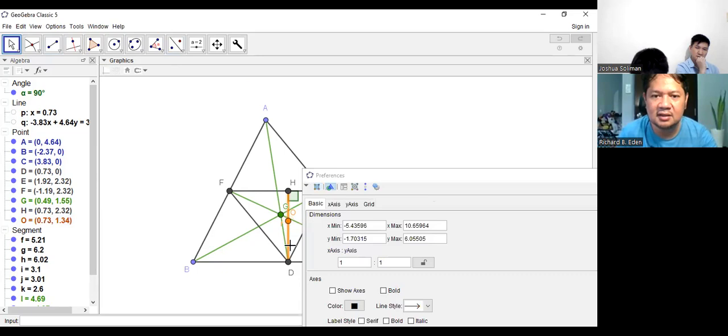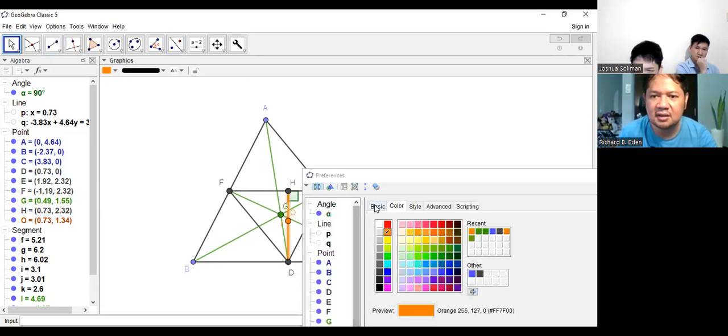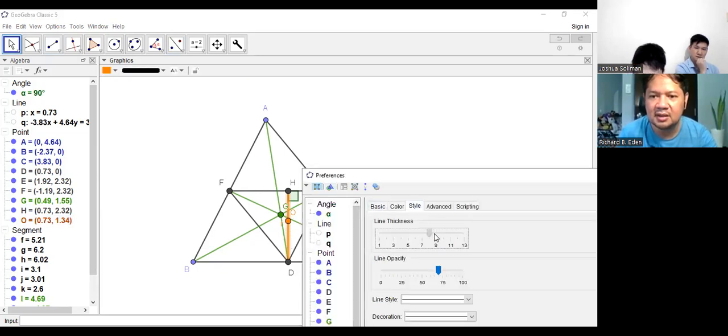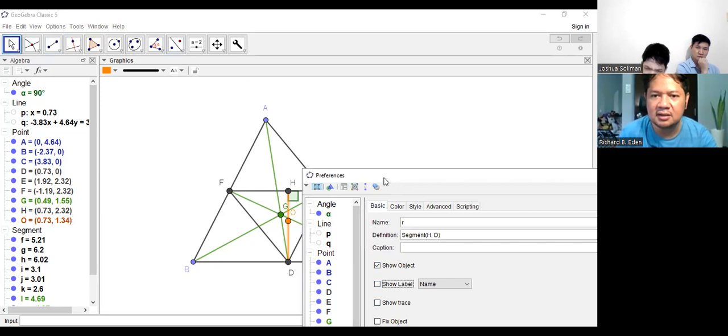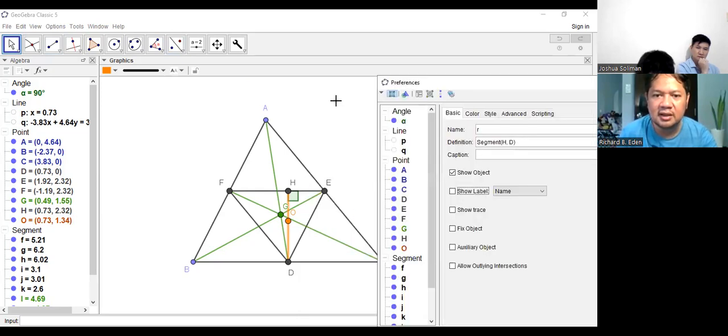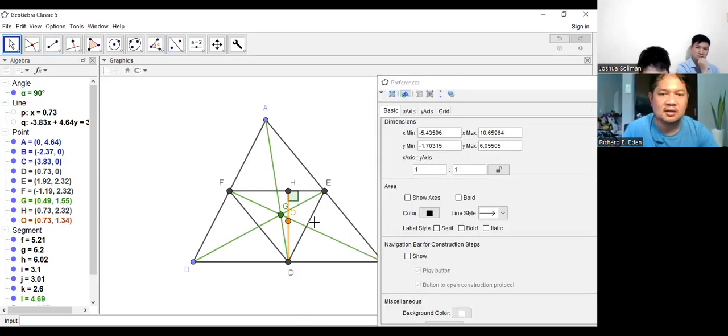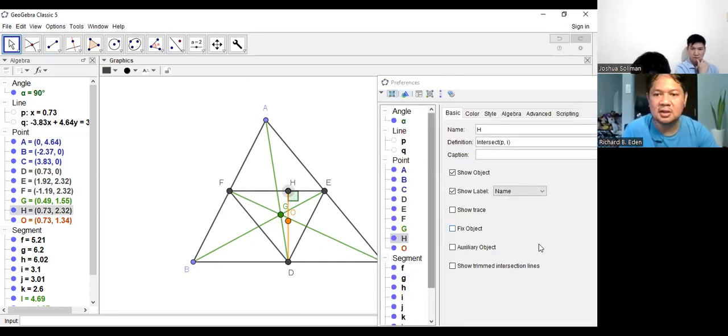Tapos nung line, ng segment, sobrang kapal. Gawin natin 5. And then nung label na R, tanggalin natin. All right. And then this point, I want to remove the label.